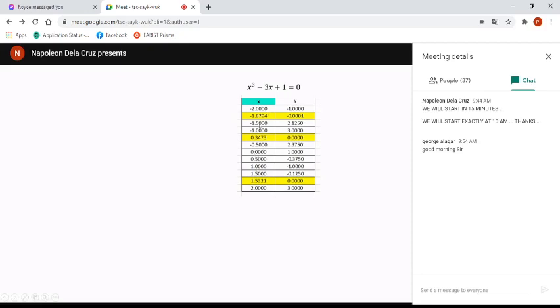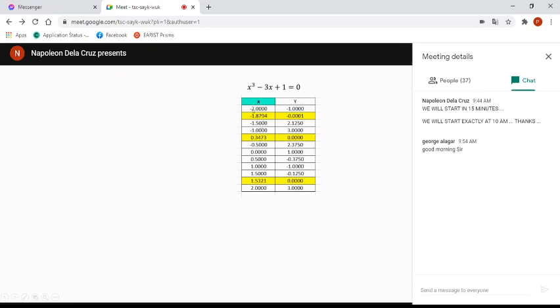Kanina yan yung inassume ko na increment of 0.5. Pinasok ko ngayon yung ating nasolve na negative 1.8794, 0.3473, 1.5321. Pinasok ko lang yan doon, ha?